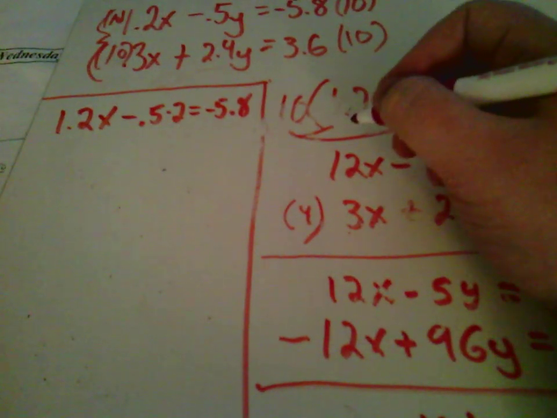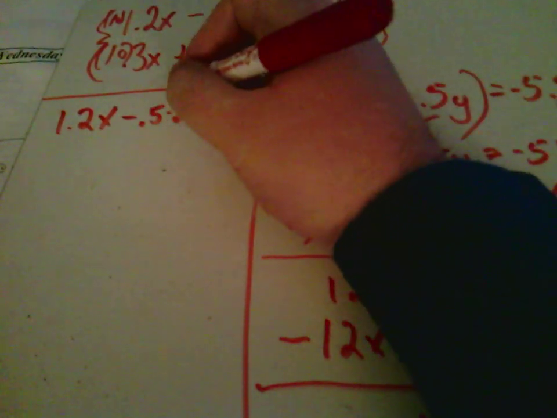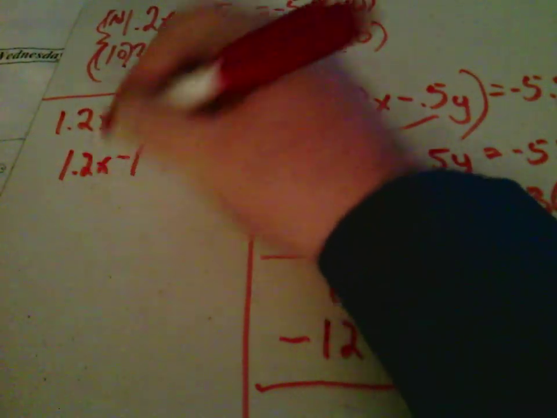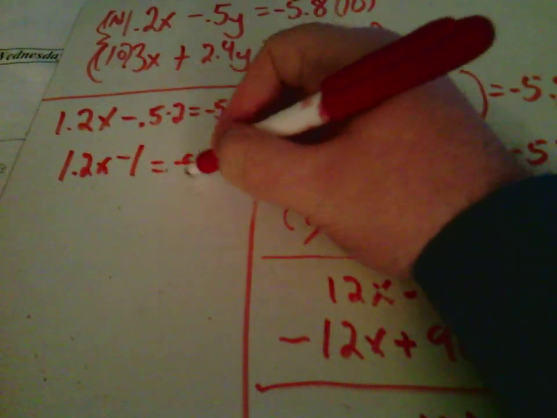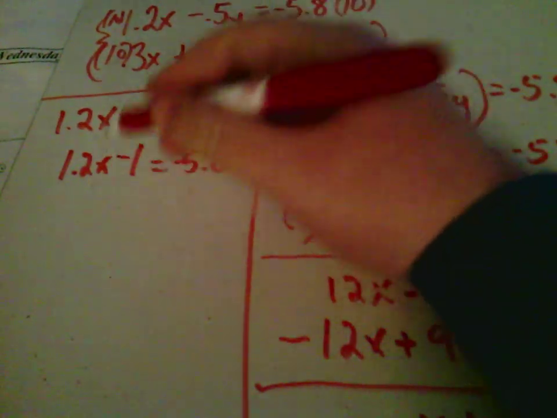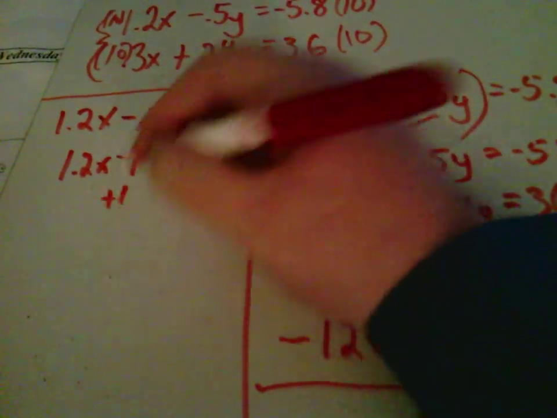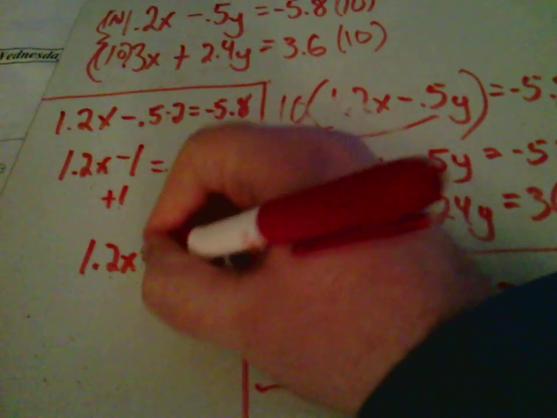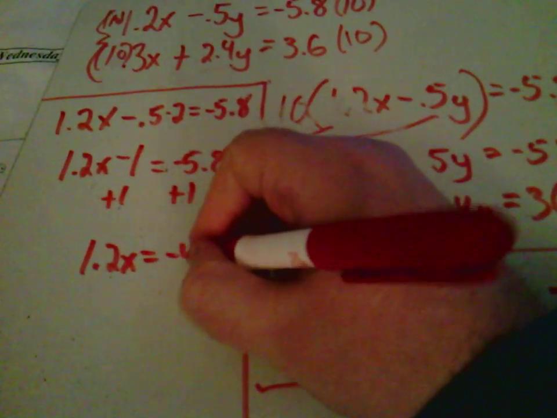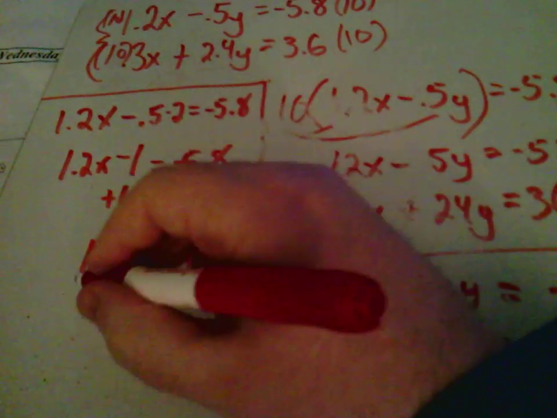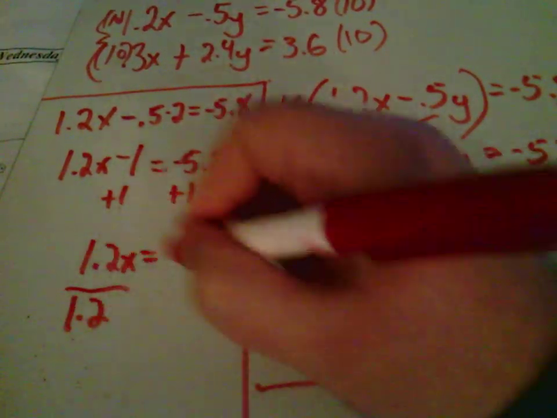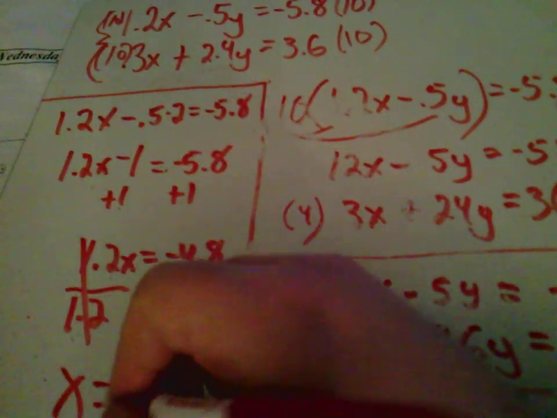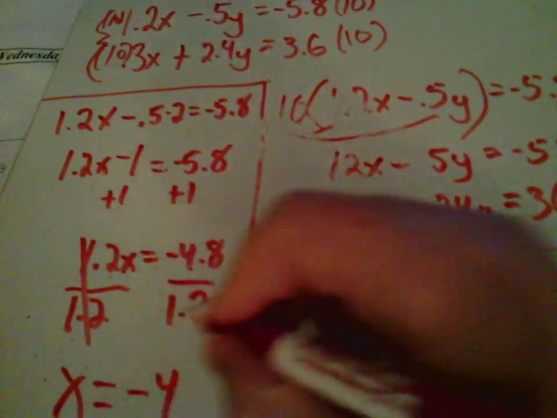Negative 0.5 times 2 is just negative 1. 1.2x minus 1 equals negative 5.8. Add 1 to both sides. That'll give us 1.2x equals negative 4.8. Divide both sides by 1.2. We get x is equal to negative 4.